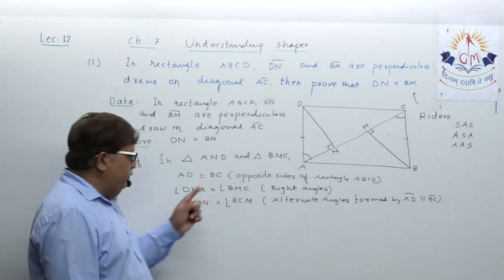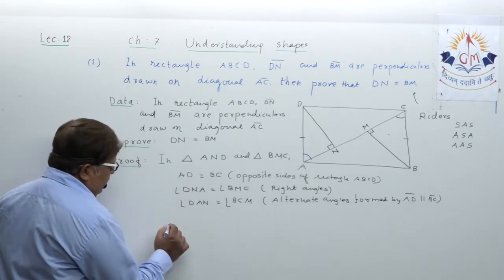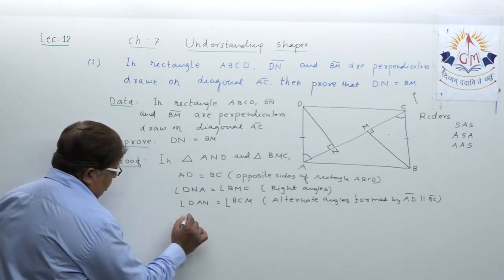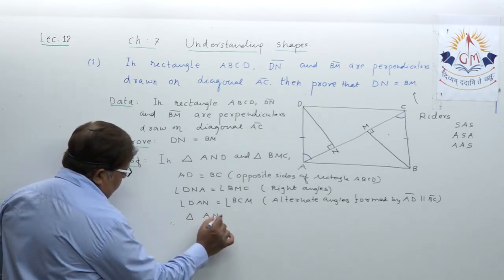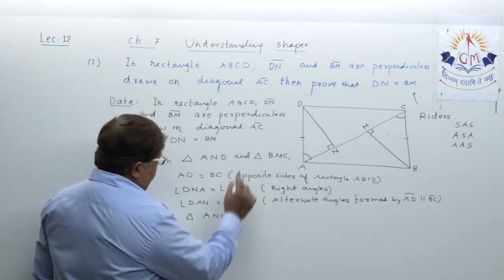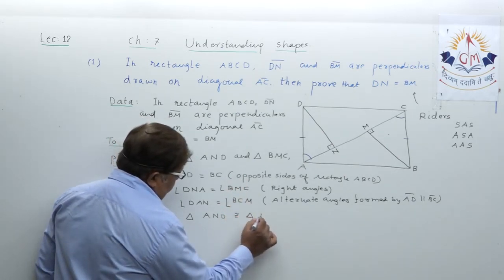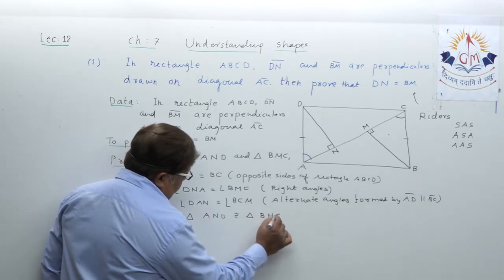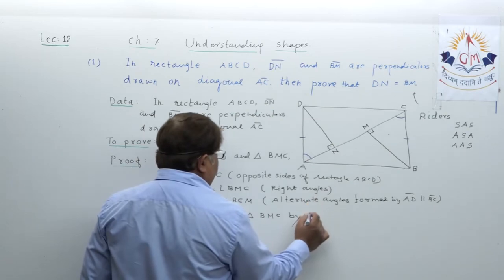You understood this? So, what you can write now: therefore, triangle AND congruent to triangle BMC, by which criterion we selected?